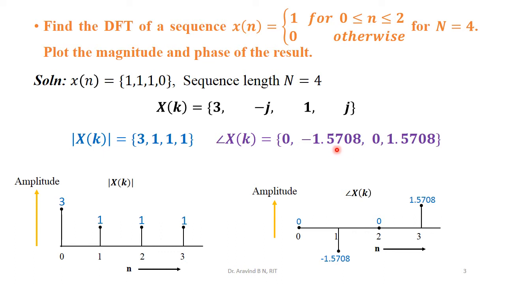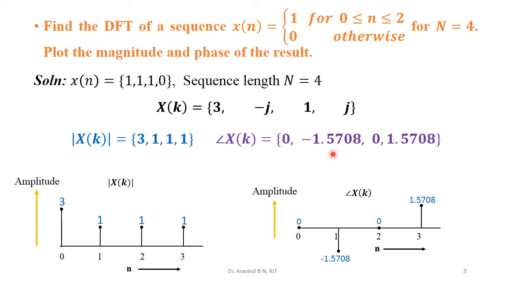We can calculate this in terms of radians or in terms of degrees. Both are going to give the correct answer, but the values are going to change. For radians we are going to get values something like this, whereas in case of degrees we are going to get the angle in terms of degrees, something like 90 degrees.